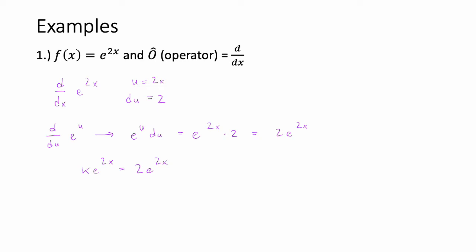If k turns out to be a constant, that means this is an eigenfunction, and k is our eigenvalue. So those two terms cancel out, and I get that k is equal to 2. So this is my eigenvalue, and since it's a constant, this function is an eigenfunction of our operator.